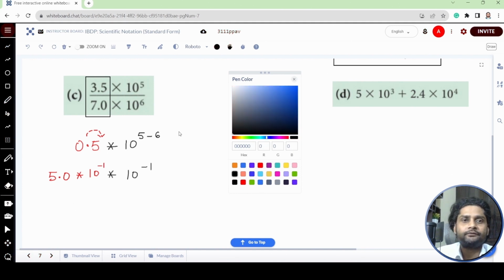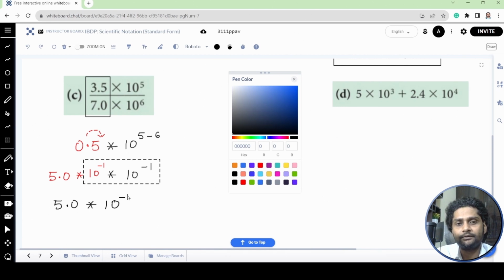We have to solve it for one more step. Here we have to simplify 10 raised to the power of negative 1 times 10 raised to the power of negative 1, and that's simple. We have to again add the exponents because the bases are same and the terms are in multiplication. So negative 1 plus negative 1, and finally we get 5.0 times 10 raised to the power of negative 2. So this is your answer.